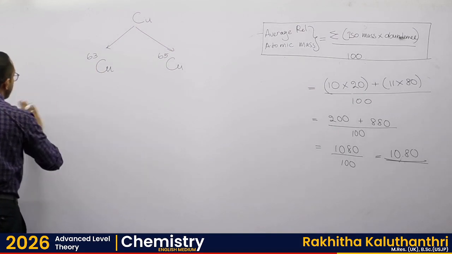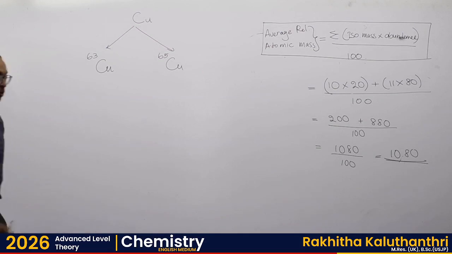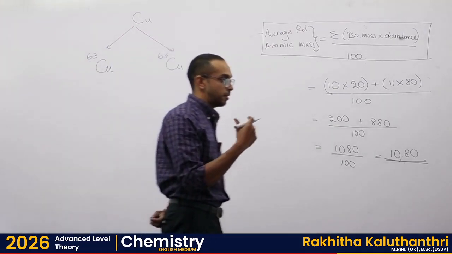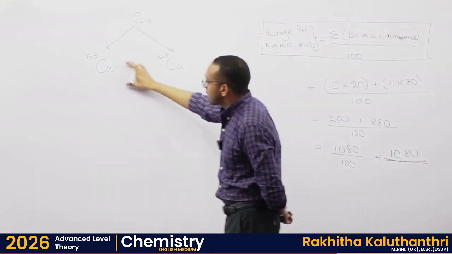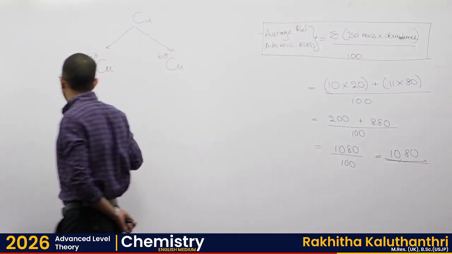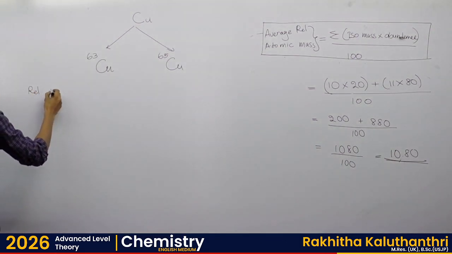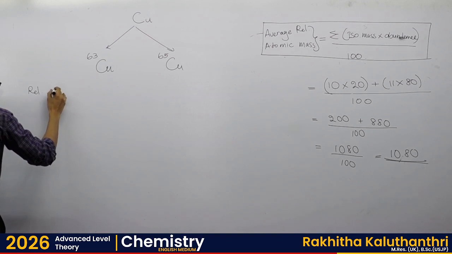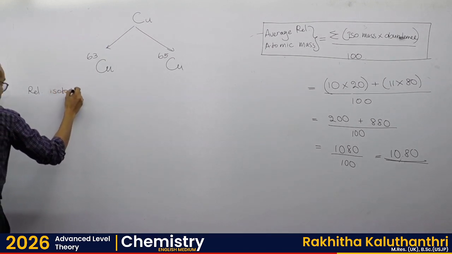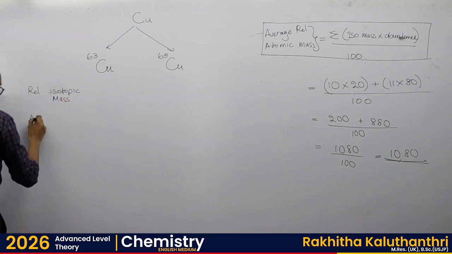And usually if you are doing a question that you come across in certain scientific literature, you would see after writing these isotopes they will give you another value that is referred to as relative isotopic mass, and then we have abundance.